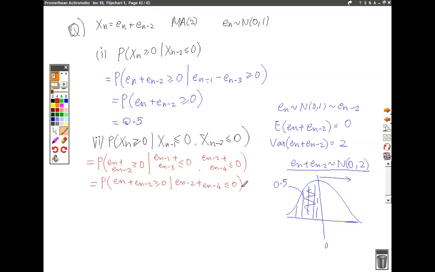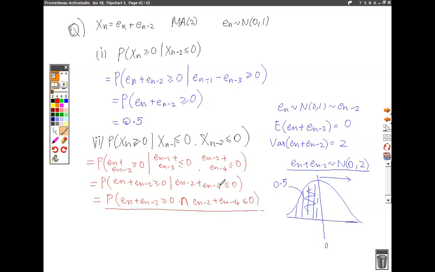So now I'll just use the Bayesian formula that we always do. So I'll have the probability that En plus En minus 2 takes a value greater than or equal to 0, and that En minus 2 plus En minus 4 takes a value less than or equal to 0.